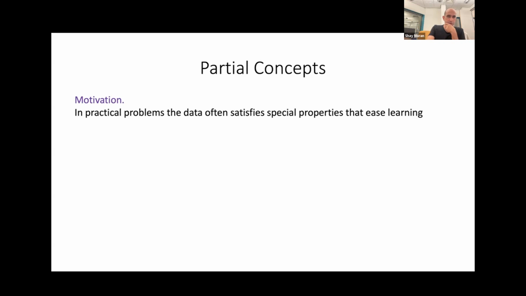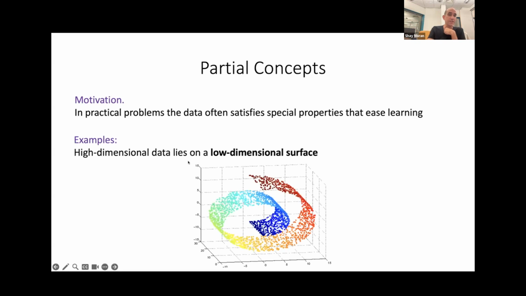So what is the motivation? In practical problems, the data often satisfies special properties that aid learning, right? One example is that despite the fact that our data as it is encoded in the computer is high dimensional, in fact, the relevant part resides on some low dimensional surface, which we don't know, of course, but it is essentially low dimensional, although the way we encode it is high dimensional.